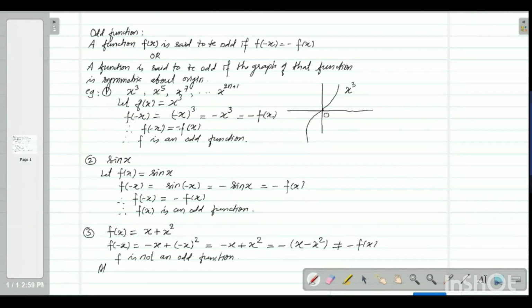Now, f of x is equal to what? Just replace x by minus x.